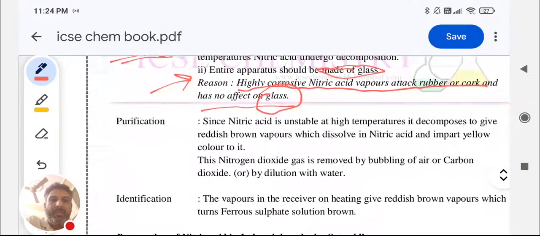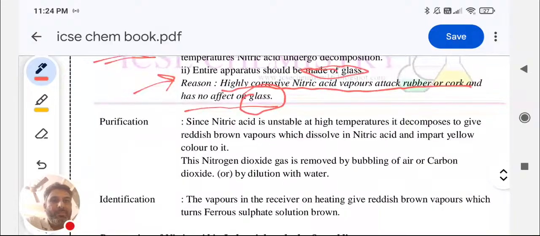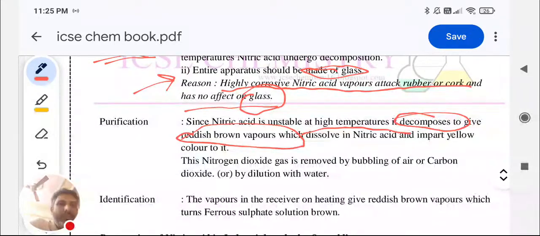And since nitric acid is unstable at high temperatures, even if you maintain a low temperature which is less than 200 degrees Celsius, a small quantity of nitric acid undergoes decomposition, which will give you reddish brown nitrogen dioxide gas, which remains dissolved in the nitric acid.